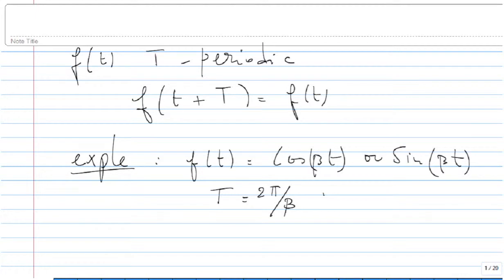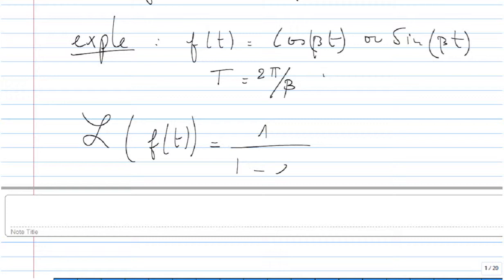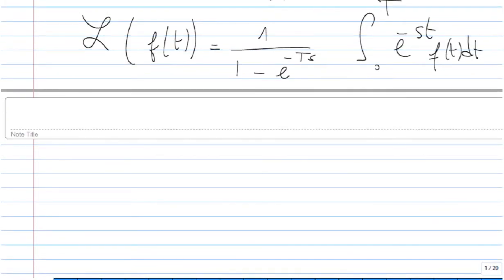So the question now is to find a formula for Laplace of f of t. They are giving us the formula, which is 1 over 1 minus e to the minus Ts, times the integral from 0 to T of e to the minus st f of t dt. There are two ways we're going to do it.